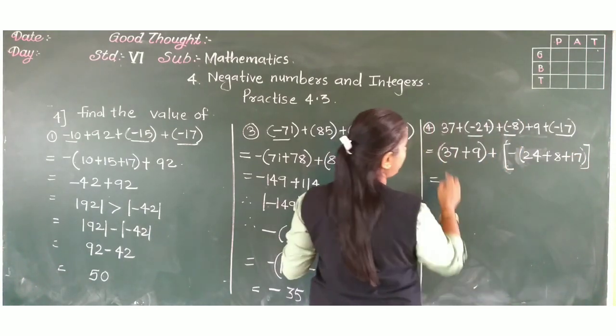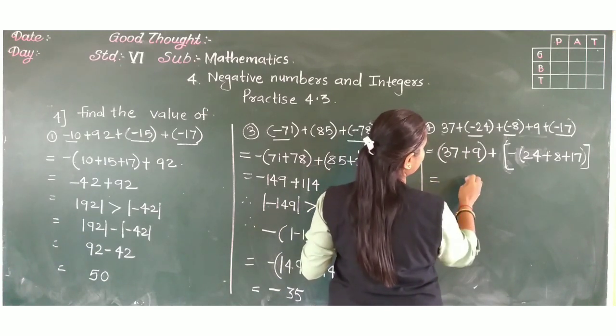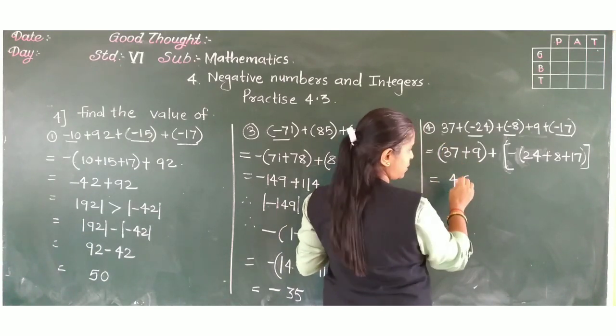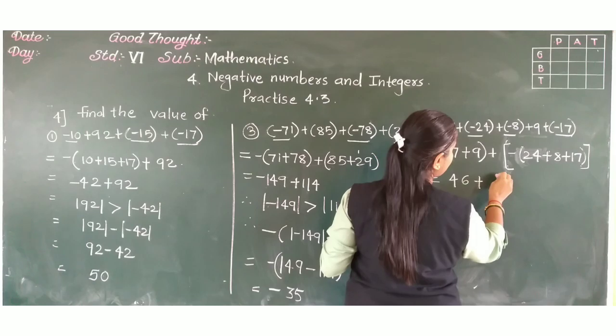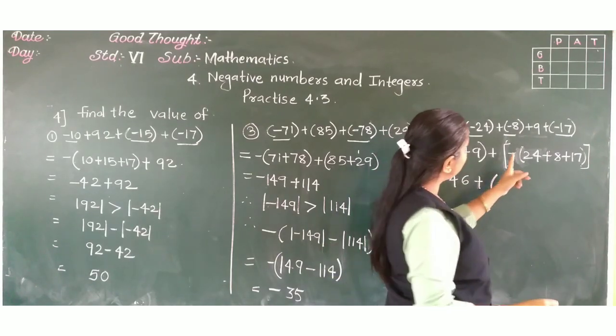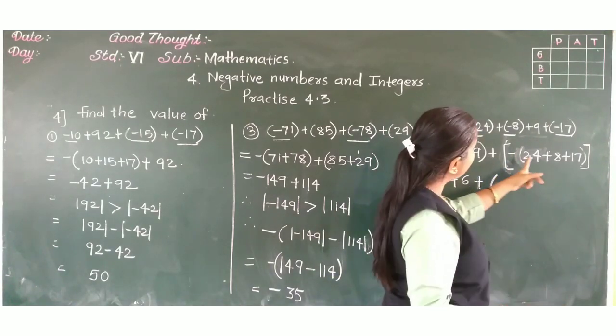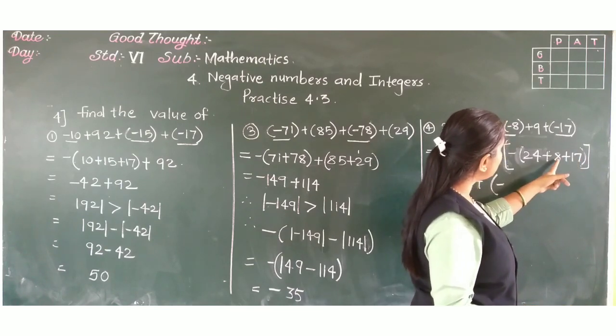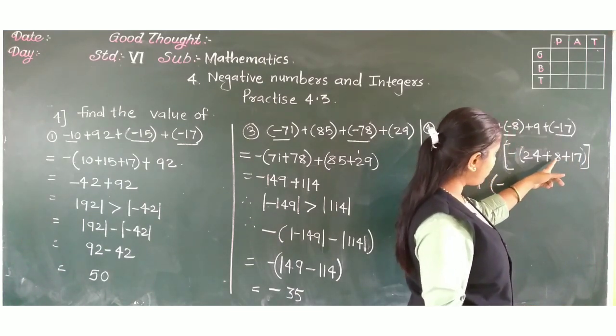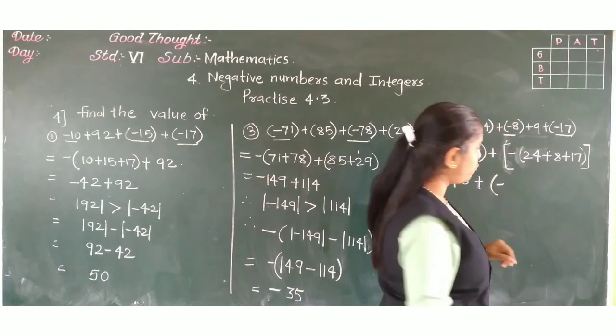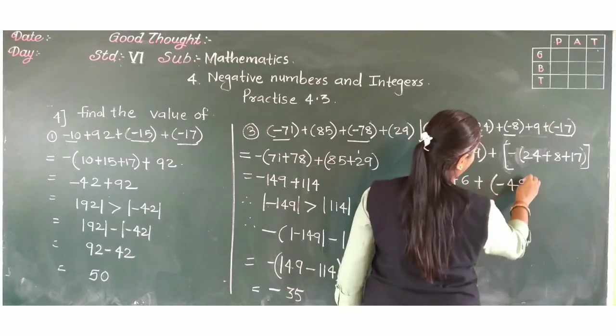Now 37 plus 9 is 46, plus the minus sign is outside only. And add this 17 plus 8 is 25, and 25 plus 24 is 49.